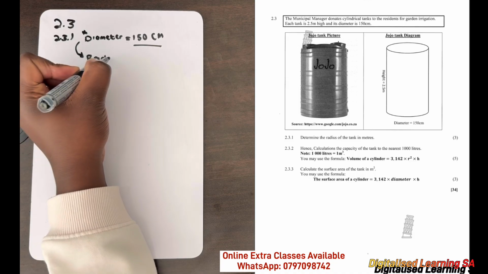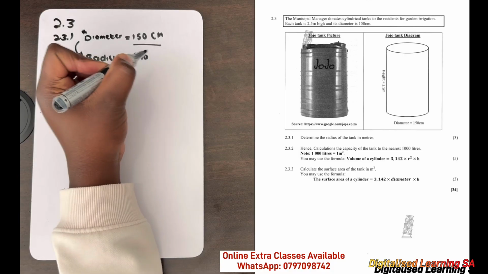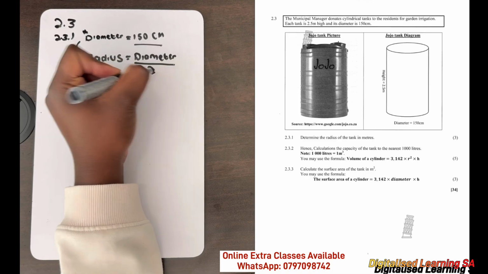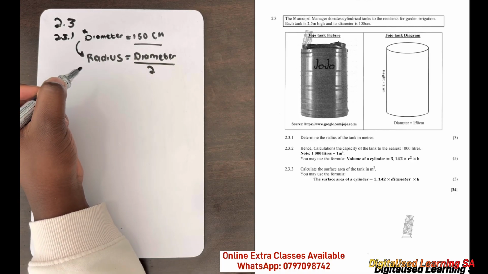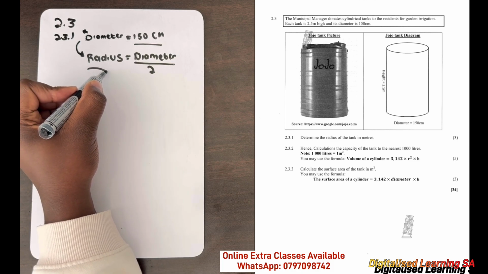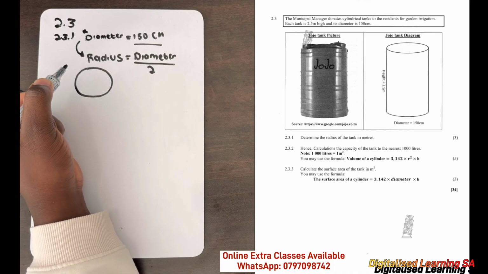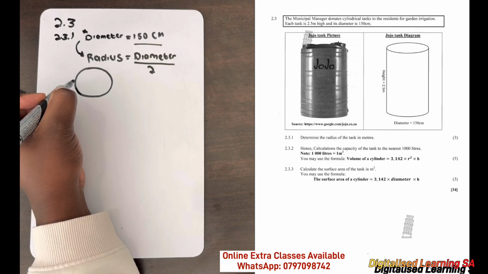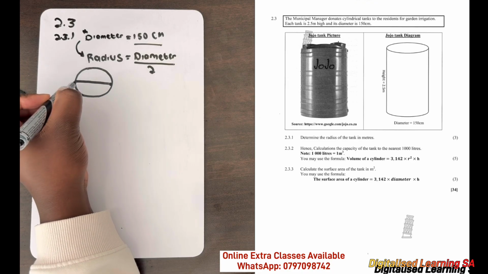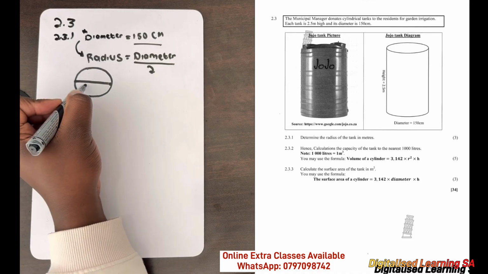We can calculate our radius because our radius is equal to our diameter divided by 2. To make it clearer, let's say we have a circle. If we have a circle, our diameter is a line from one edge to another edge. So this is our diameter.